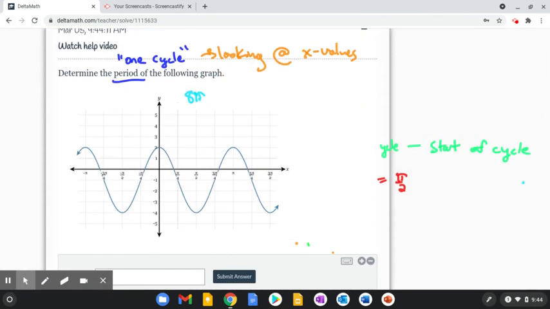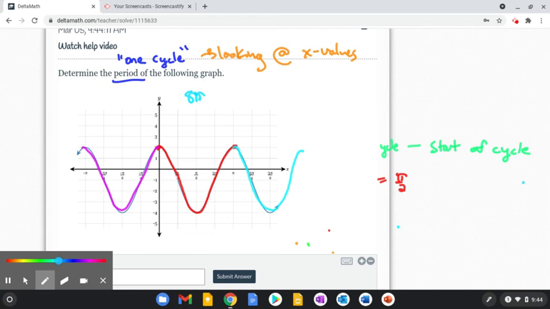Yeah, this is the cosine function, because notice it's starting up here high. It doesn't start in the middle. So this has a period like this, and then it's going to start that pattern over again. So then it would start here and go down again and back up again. Same in the negative direction. Starts here, goes down and back up. So when we look for a period, again, I always like to find where it crosses the y-axis.